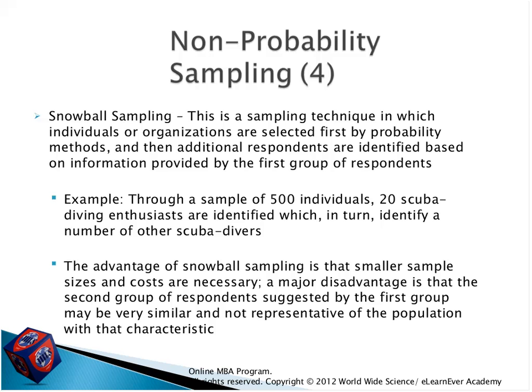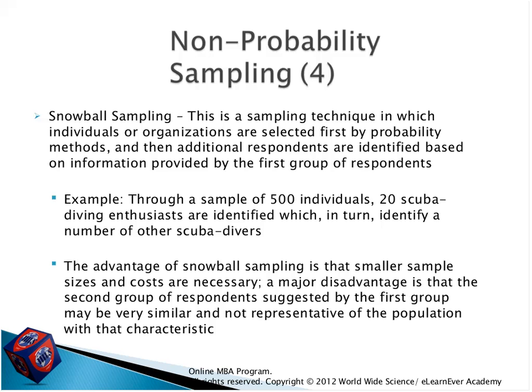So, for example, from a sample of 500 individuals, 20 scuba diving enthusiasts are identified, which in turn identify a number of other scuba divers. So you choose a group or individual by probability method, and after that, this group or this individual can choose another group and another individual.